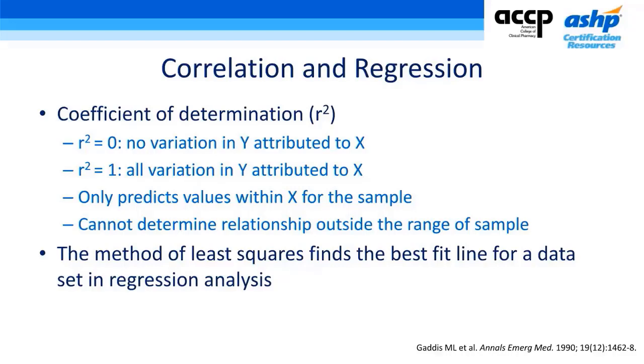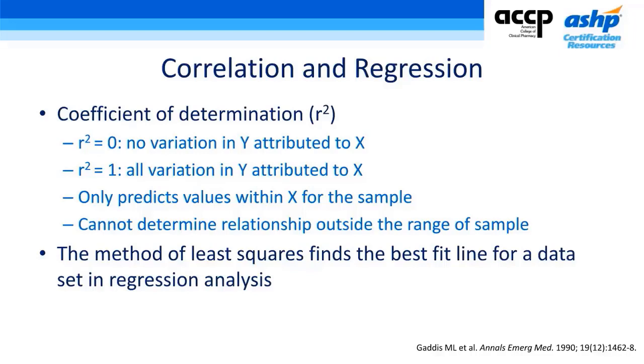If your R-squared equals 0, there is no variation in Y attributed to X. If your R-squared equals 1, that means all the variation in Y is attributed to X. And now you can only predict those values within X for the sample within the population. You cannot determine the relationship outside the range of the sample.